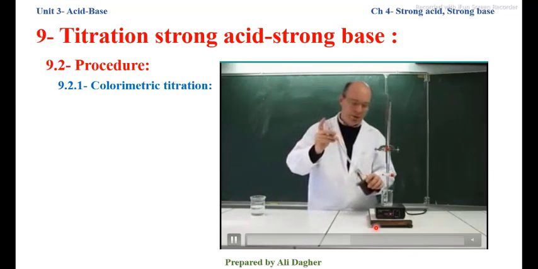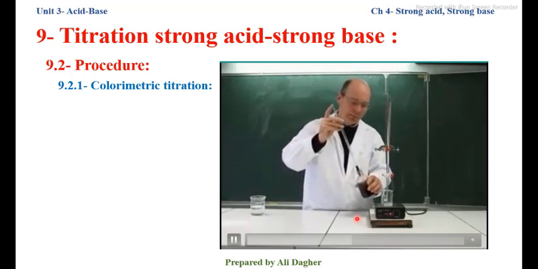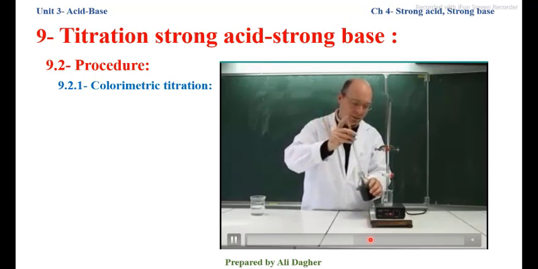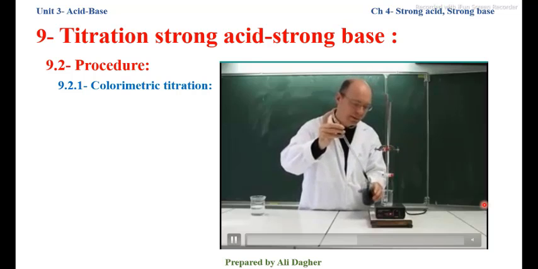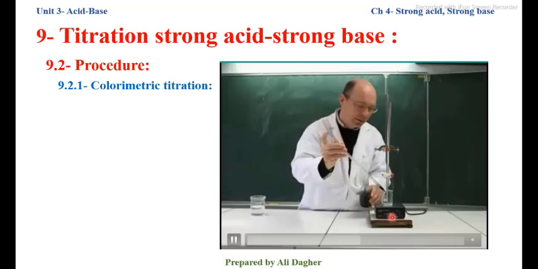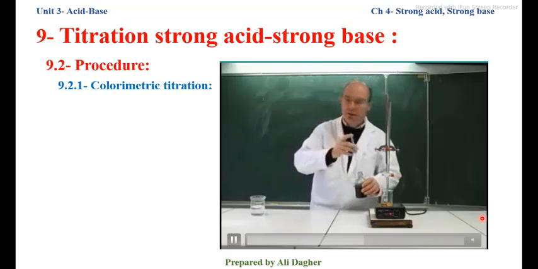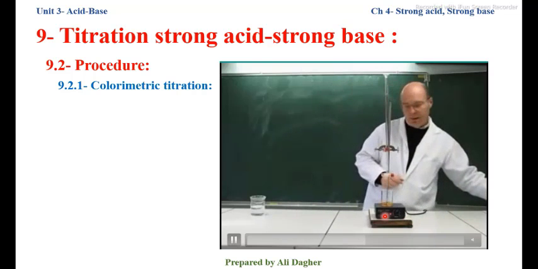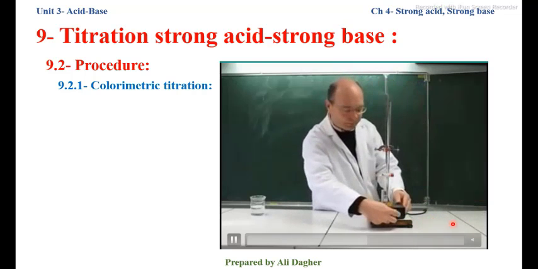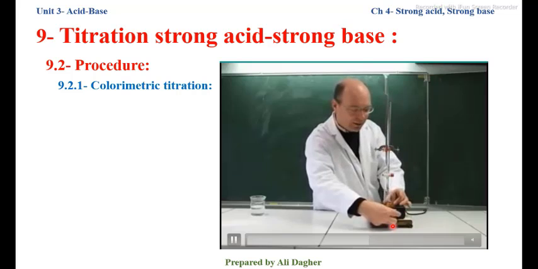Now we add 2-3 drops of the bromothymol blue solution into the beaker. The solution becomes yellow. The color changes from colorless to yellow. We start the magnetic stirrer.